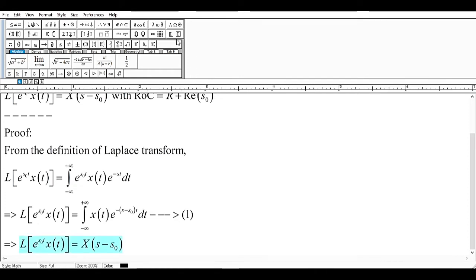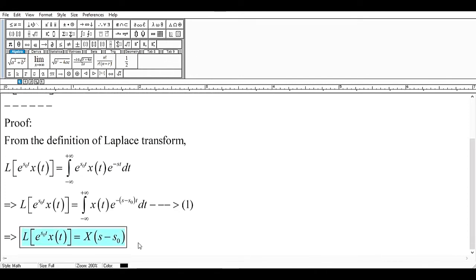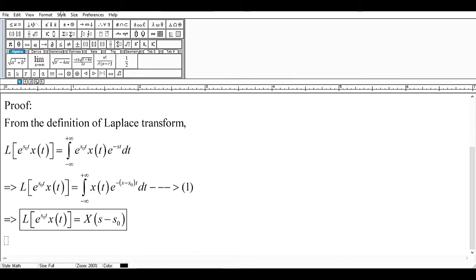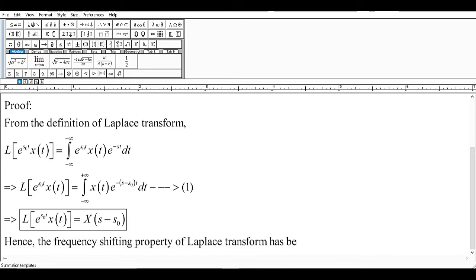This is the frequency shifting property of Laplace transform. Hence, we can conclude that the frequency shifting property of Laplace transform has been verified.